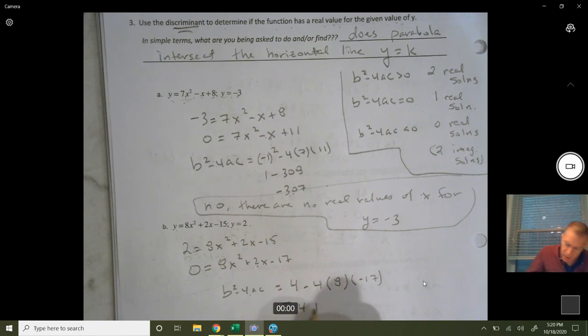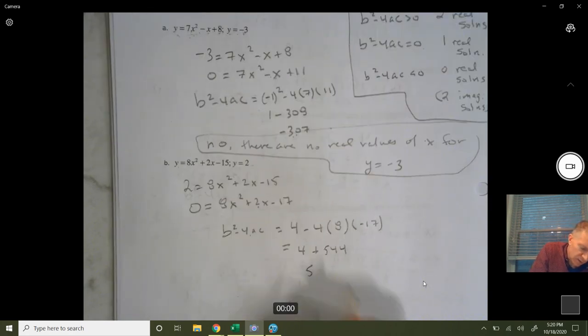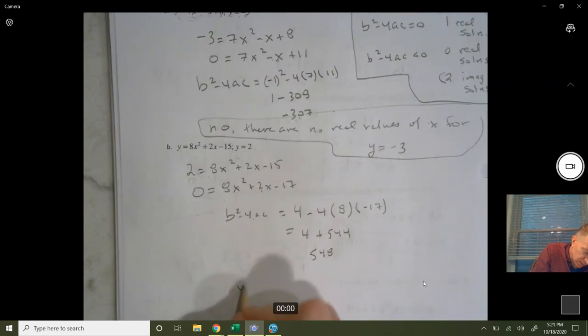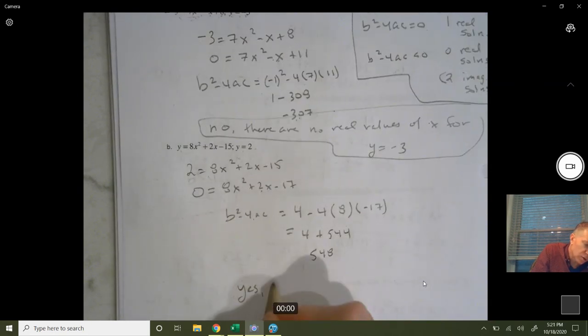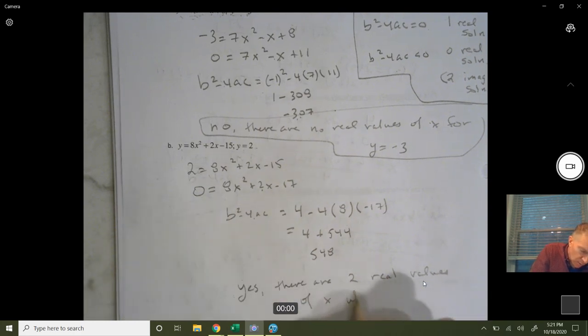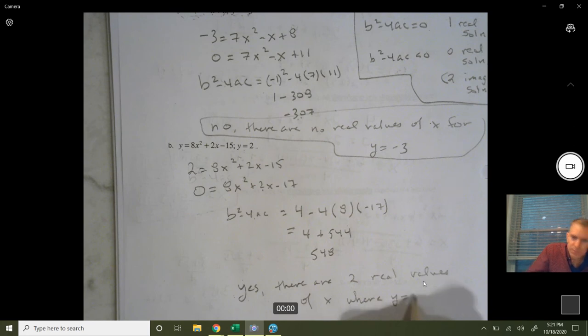So we get 4 plus 32 times 17, which is clearly going to be positive, so 544. So the discriminant is 548, positive, so yes. There are two real values of x on this parabola where y equals 2.